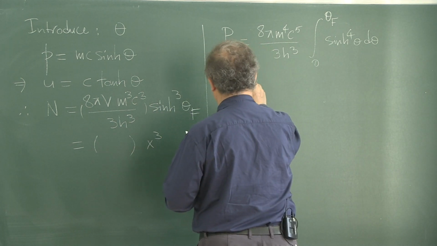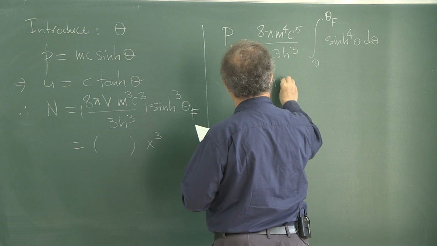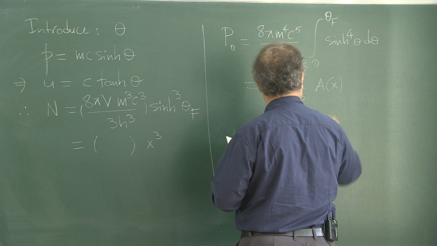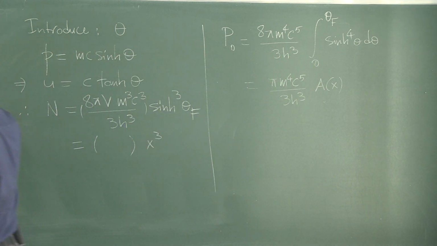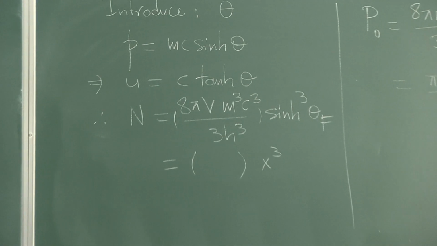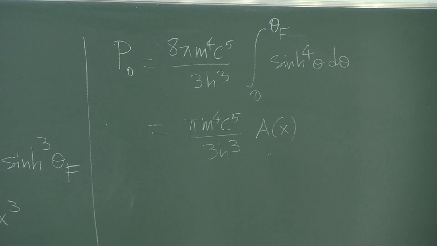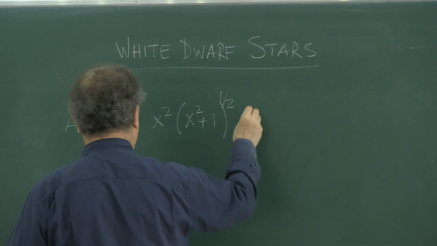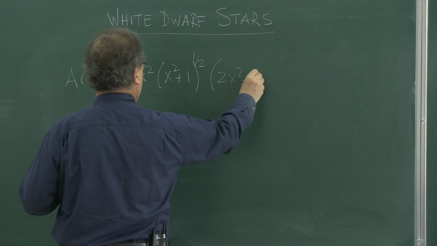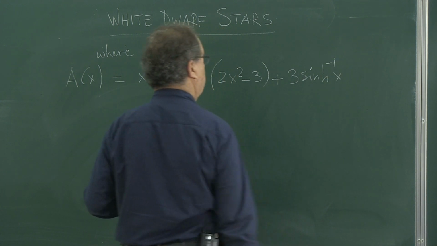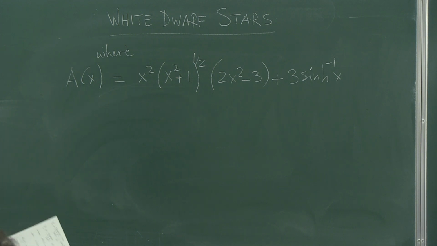You can write this in terms of a function: pi m to the 4 c to the 5 times a of x, and this a of x is the following function: x squared plus 1 to the power 1/2, that is square root, times 2x squared minus 3, plus 3 sinh inverse x. That's the function that comes from that integral.